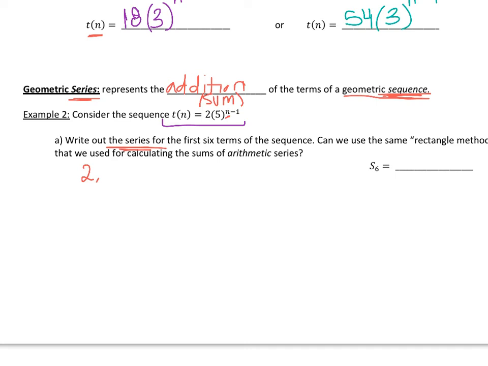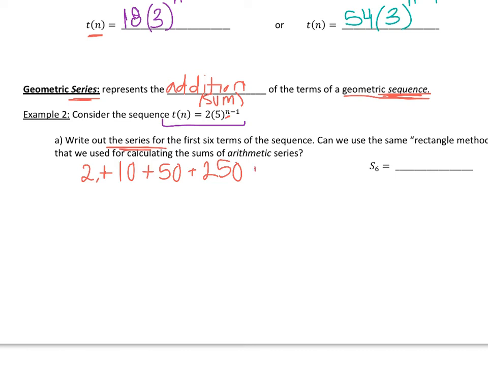Okay, my eraser isn't working, so I will just have to deal with that little comma, because what I really want to do is write out the series. So that would be 2 plus, multiply by 5 and I get 10, plus multiply by 5 and I get 50, plus multiply by 5 and I get 250. So that's 4 terms, and I've got 2 more.